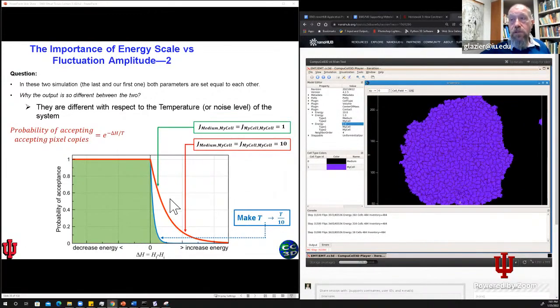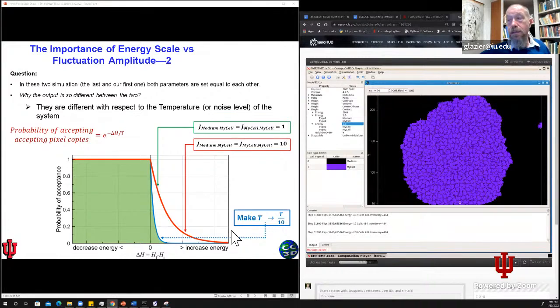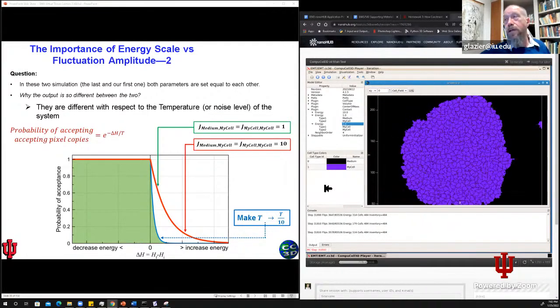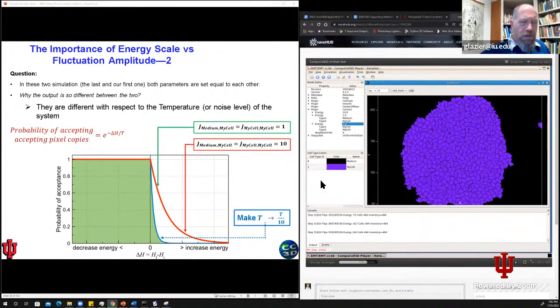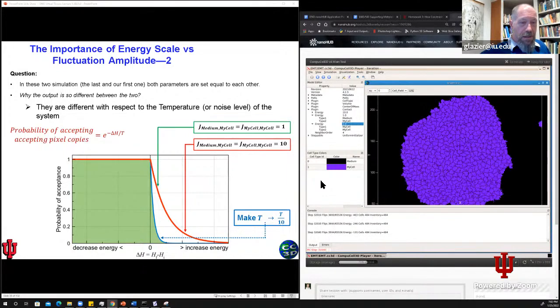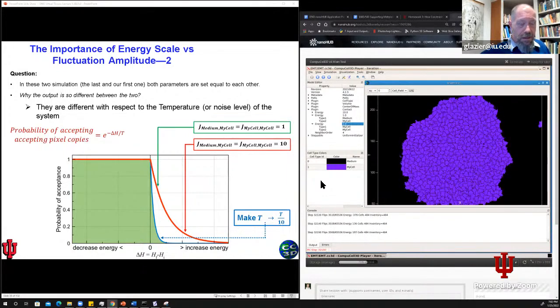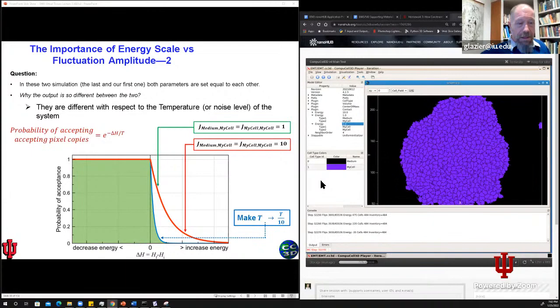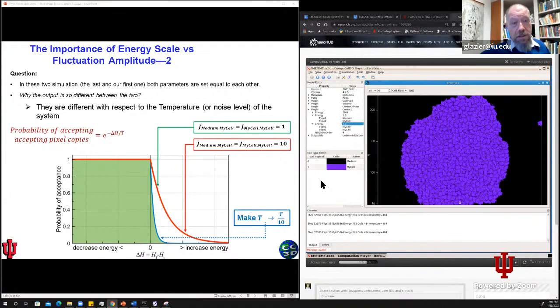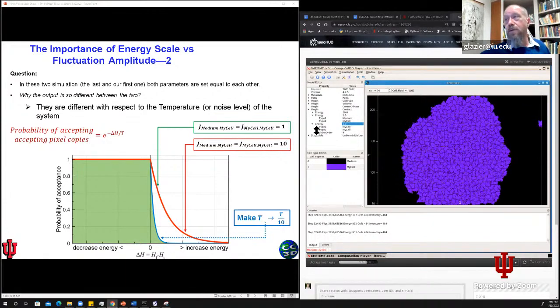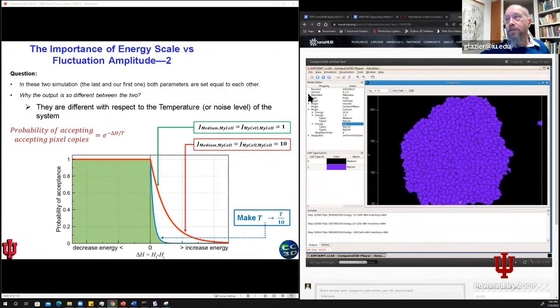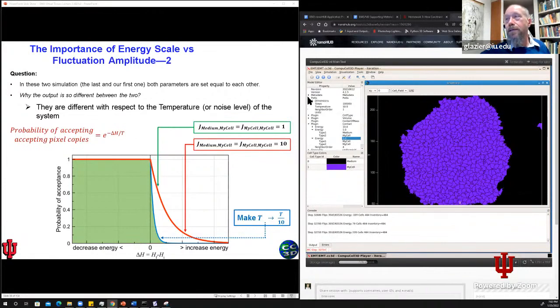If I reduce the fluctuation amplitude by 10, why don't we try that? Can we steer in the Potts simulation, or does that not work? We may have to do this in Twit. I'll try it, and if it doesn't work, then we'll come back.